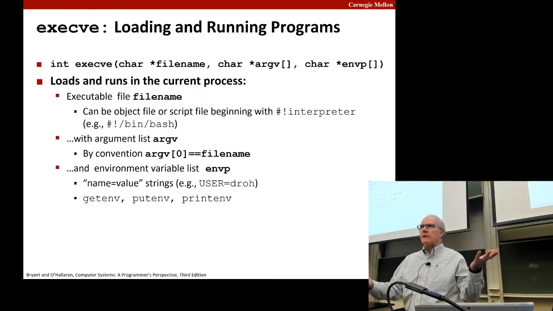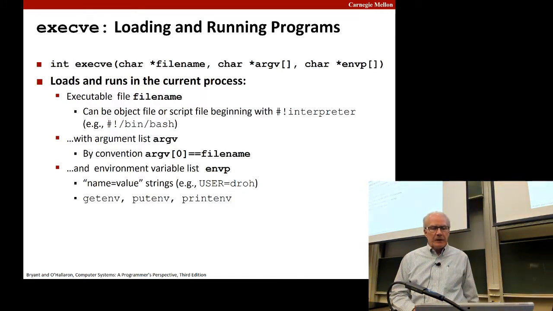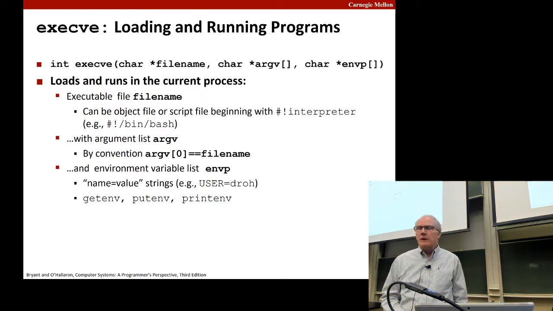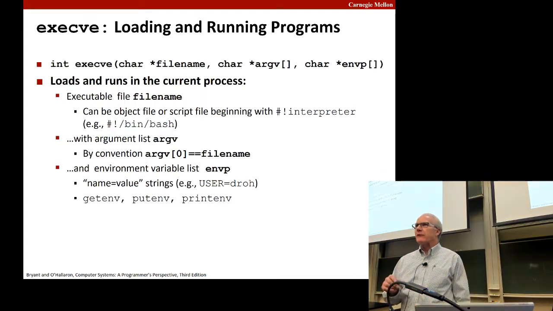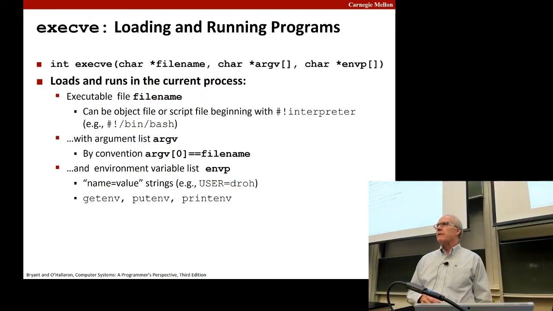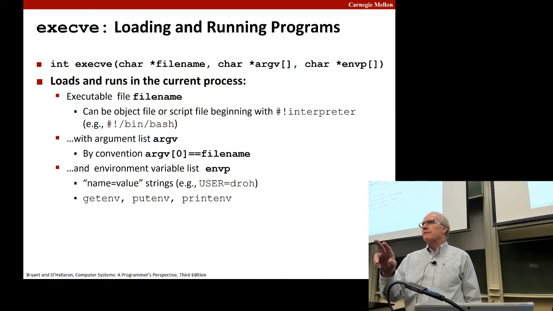That's how you can set up a script and have it be executable, by telling it what interpreter to use. And then you know about argv as an array of strings, and by convention the first string is the name of the file. The list of environment variables is similar to the argv list, except that it's actually a list of keyword-value pairs.